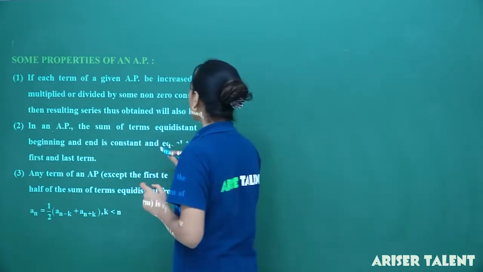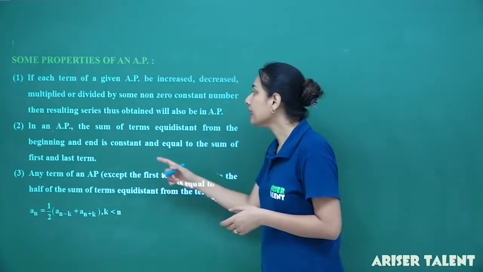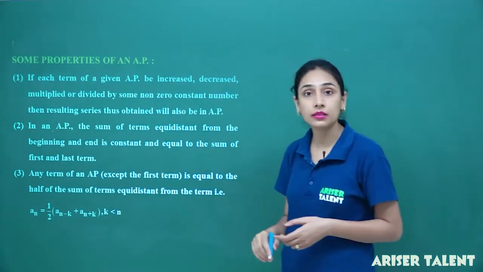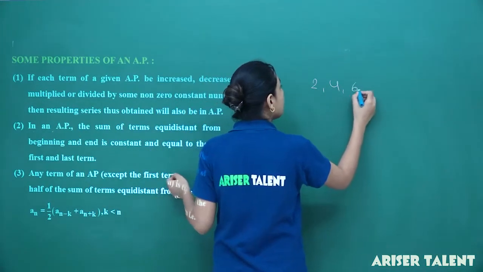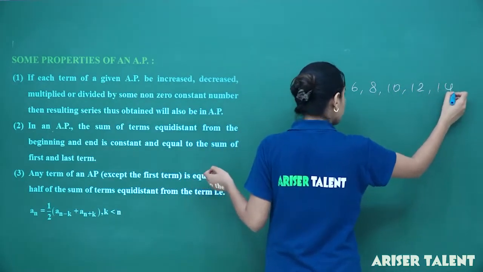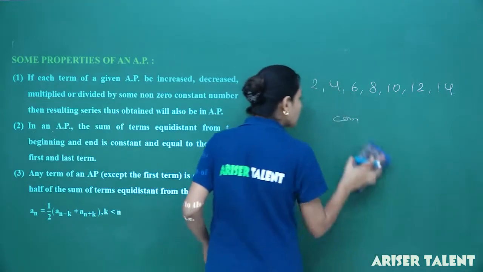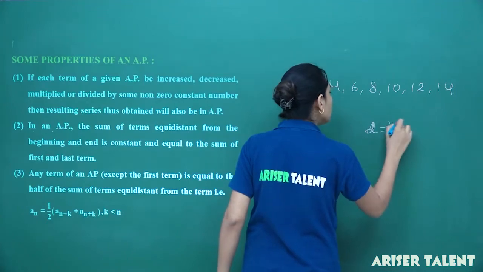The second property is: in an AP, the sum of terms equidistant from the beginning and the end is constant and equal to the sum of the first and last term. It's saying, if I am having 2, 4, 6, 8, 10, 12, 14, with common difference d equal to 2 here.